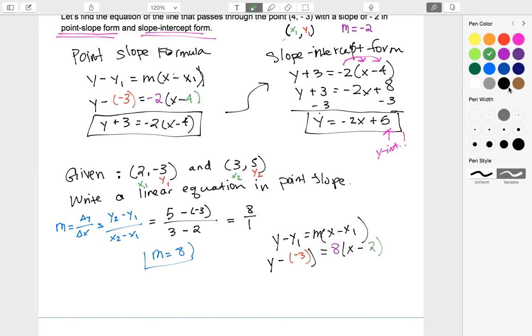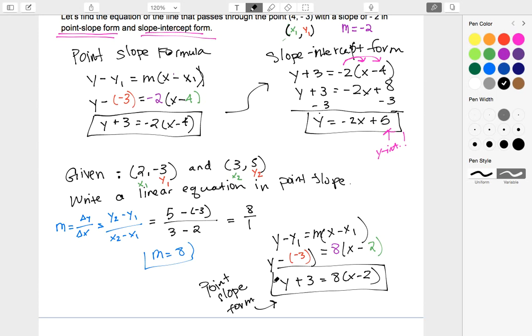Okay, and we need to simplify further. So we have y plus 3 equals 8 times x minus 2. Okay, and so that is our point slope form of the 2 points.